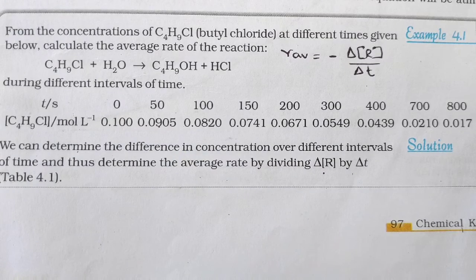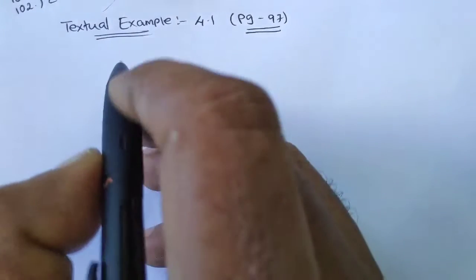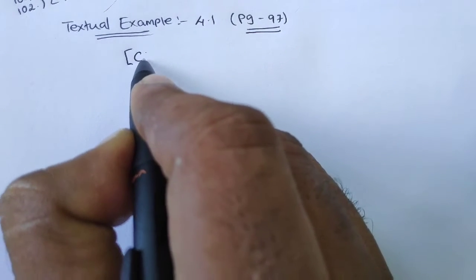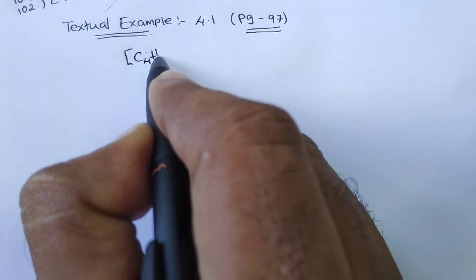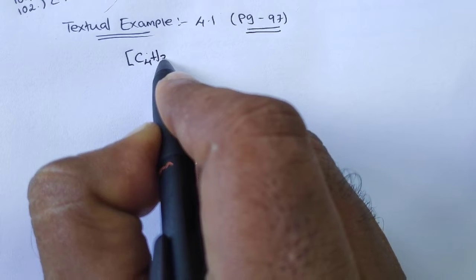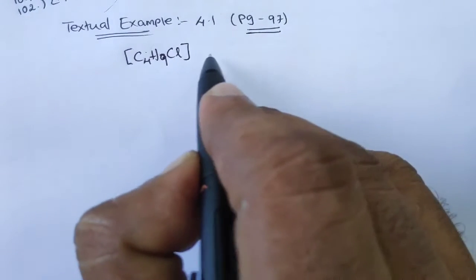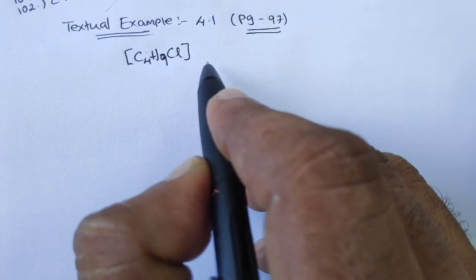Now it was given that the concentration of C4H9Cl, sorry, they have given the concentration at different time intervals. You can see the table, right?